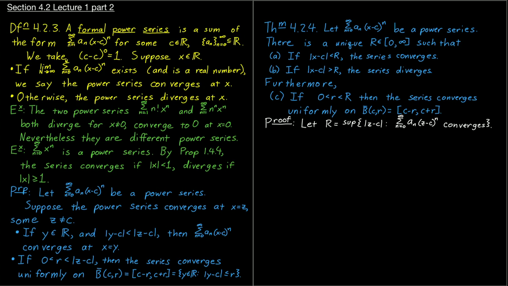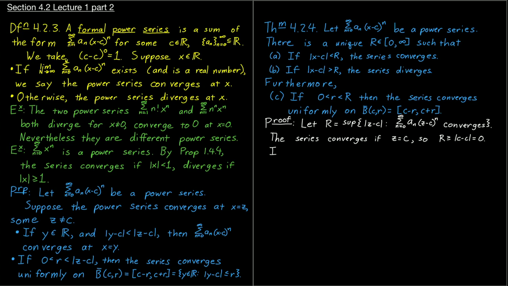All right, the series converges if z equals c, because then you've just got the a_0 term and all the other terms are 0. So R is at least c minus c, which is 0. So R is non-negative, so our radius is non-negative. And in particular, we're taking the supremum of a non-empty set.